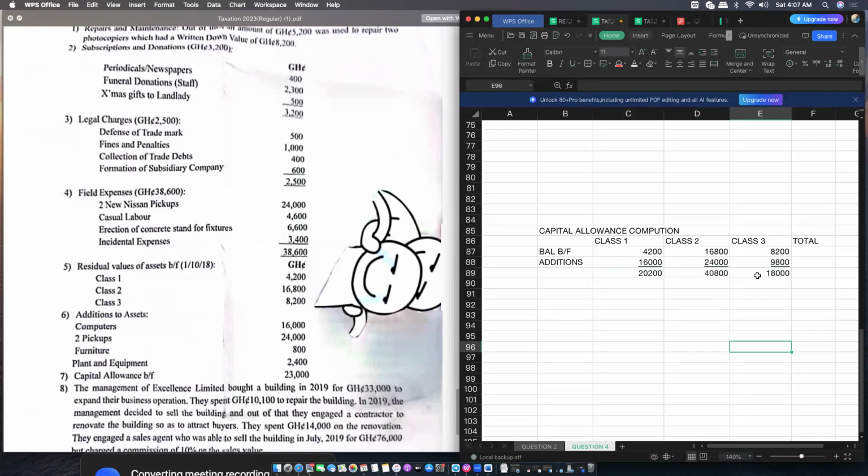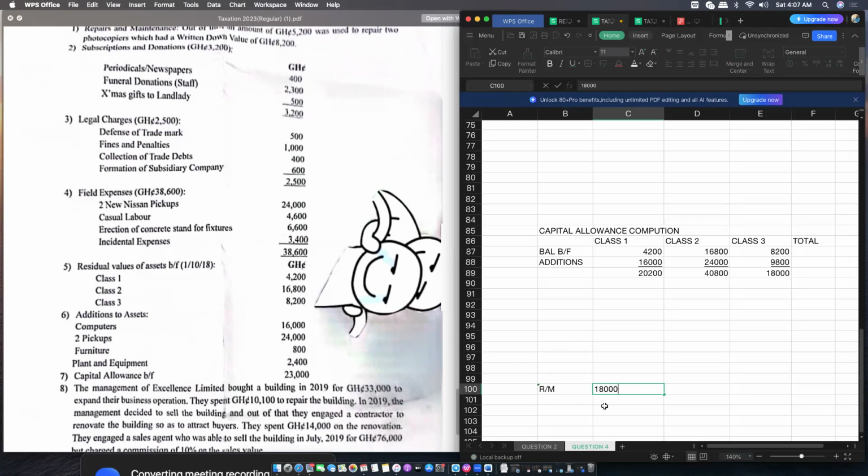So this is where we got the 18,000 from for the cost and for the repairs and maintenance. So we come here. That's 18,000.